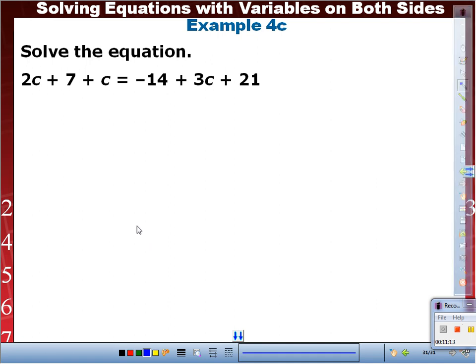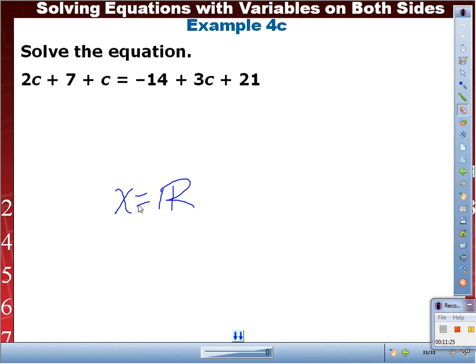Melanie, what'd you get? X equals real numbers. Hands, have you got that? That is incorrect. Who got C equals real numbers? That is correct.